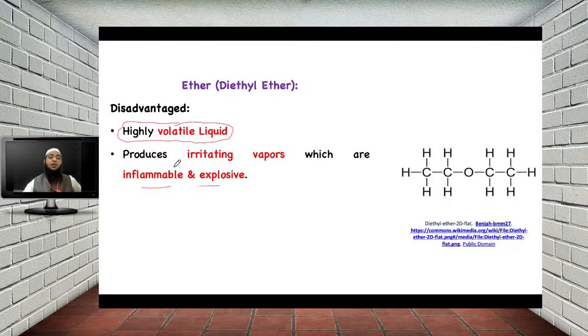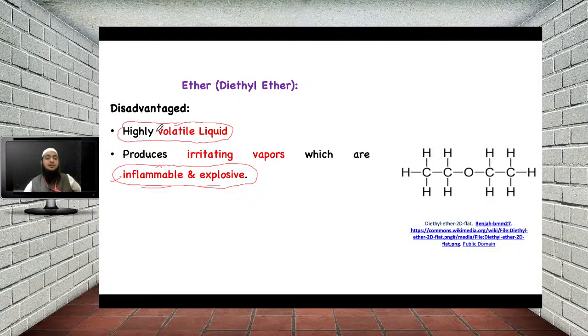If they come in contact with fire, even a small fire, it may lead to a bigger fire or an explosion. So you need to take all precautions and see that it does not catch fire, because the inflammable and explosive property is not ideal for the surgeon as well as the anesthetic agent. It is generally risky, so you have to take special precautions while giving diethyl ether.